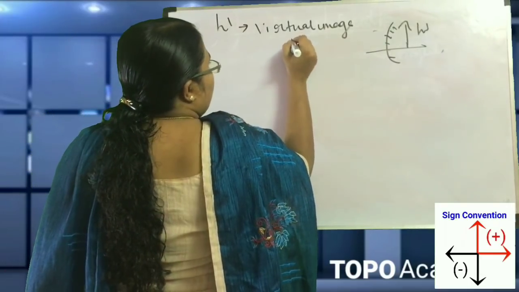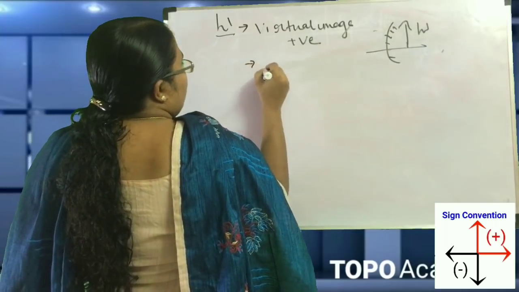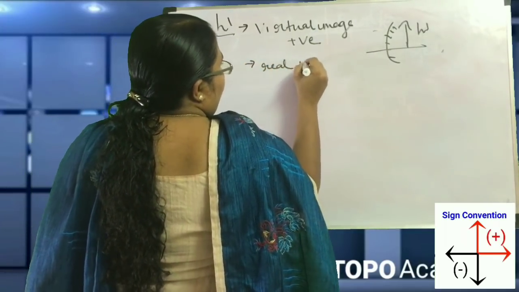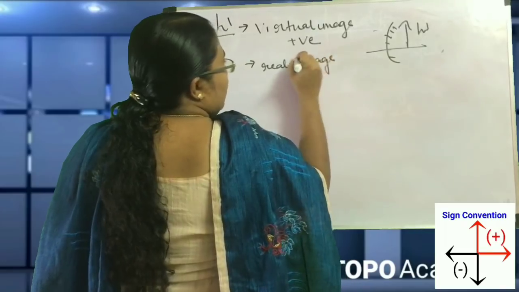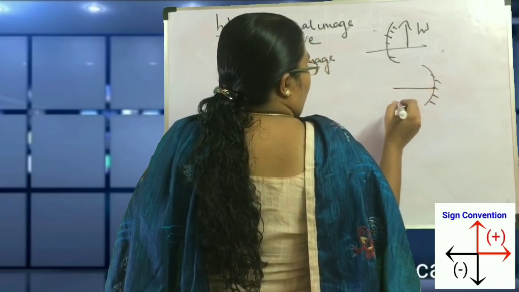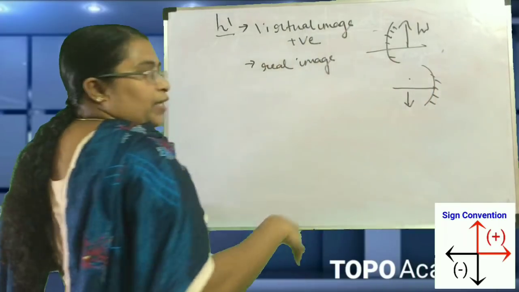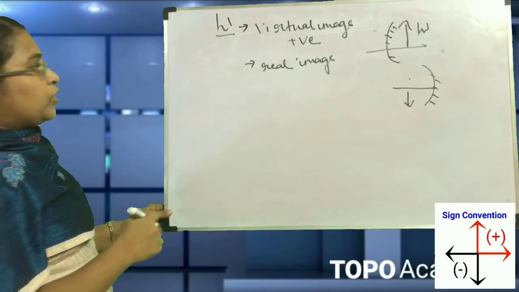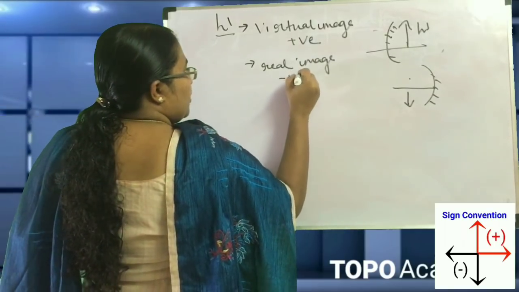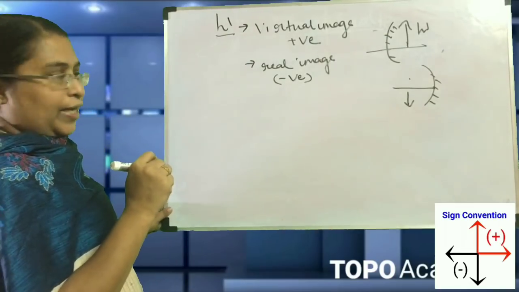So for a virtual image, h dash is positive. And for a real image, it is always real and inverted. It is in the downward direction to the principal axis. For a real image, h dash is negative.